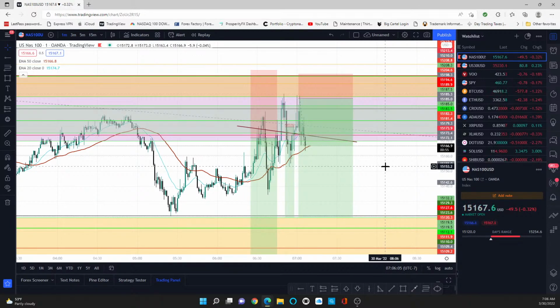Wow. Still rejecting that. My bottom position, I think I'm about to close just because it's so volatile. So I just closed that one. $67. That was only about 17 pips.